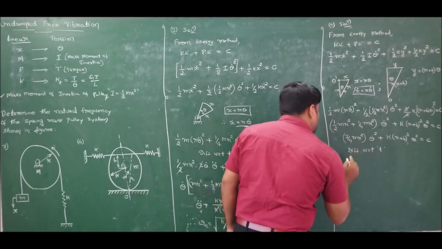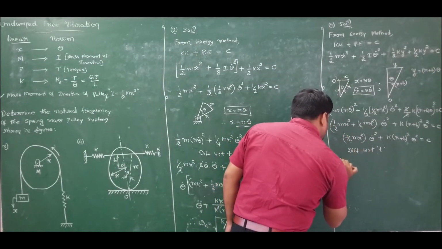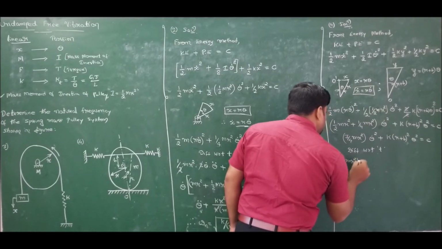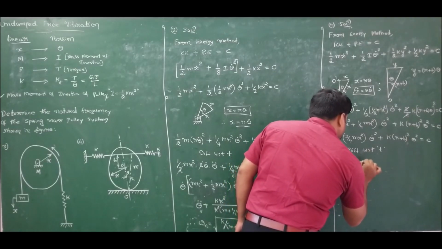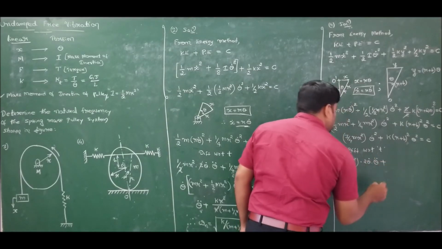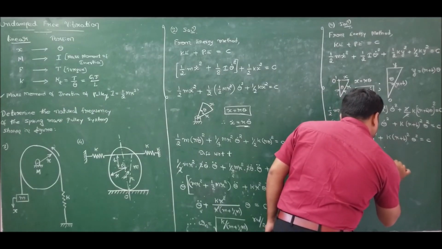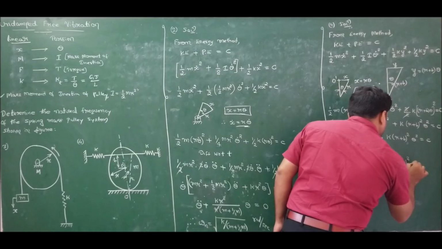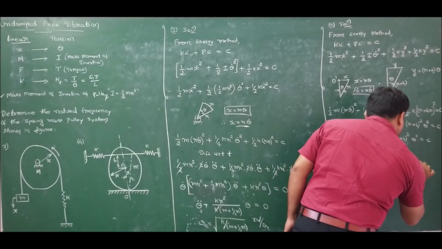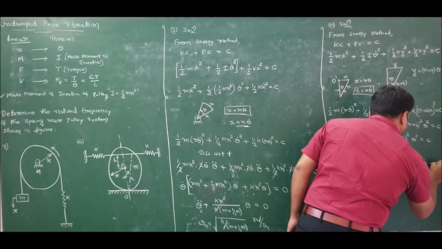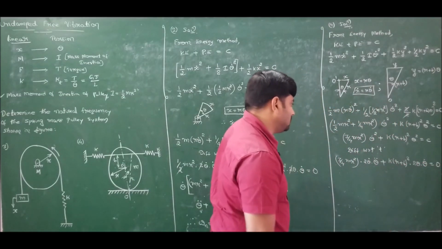Differentiating with respect to time, what will I get? I will get 3 by 4 m r square, the differentiation of theta dot square is 2 theta dot into theta double dot, plus k times (r plus b) whole square, the differentiation of theta square is 2 theta, and the differentiation of theta is theta dot. The differentiation of a constant is 0.